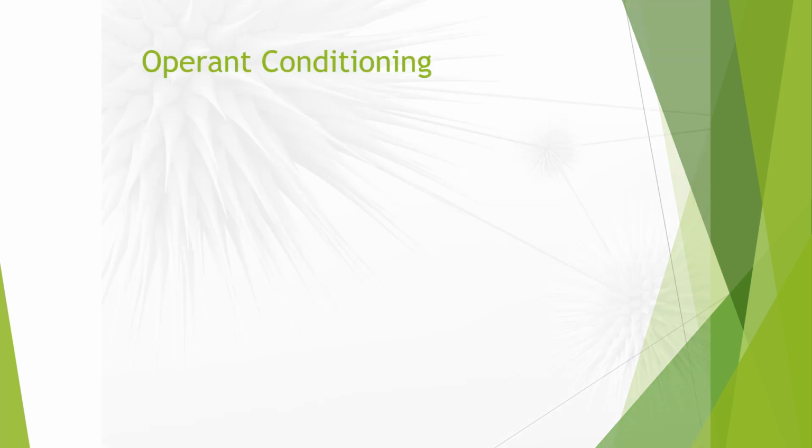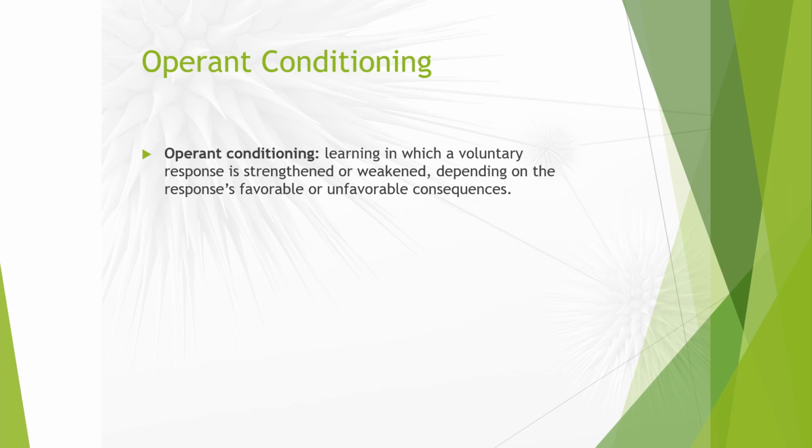Okay, so let's start off talking about operant conditioning. And a basic definition is that learning takes place in which a voluntary response is either strengthened or weakened, depending on the response's favorable or unfavorable consequences.